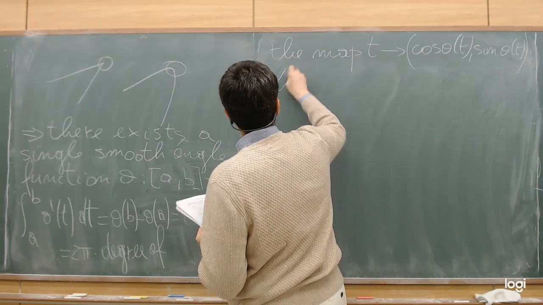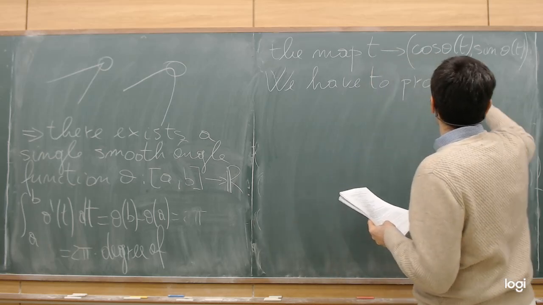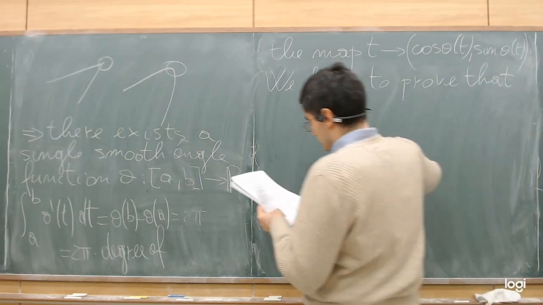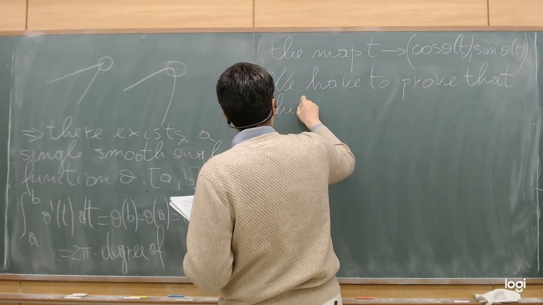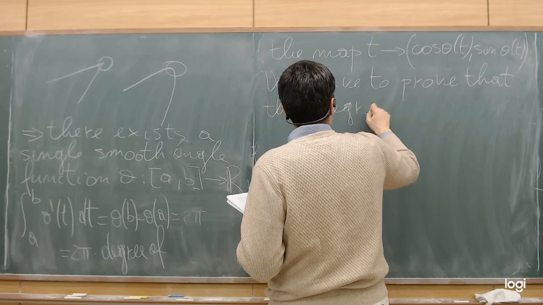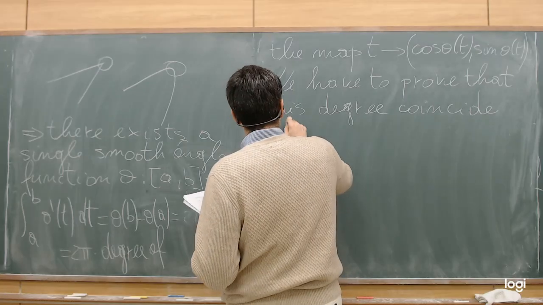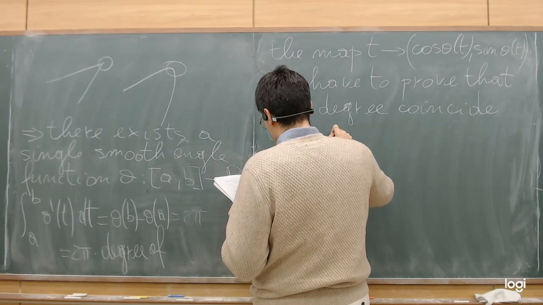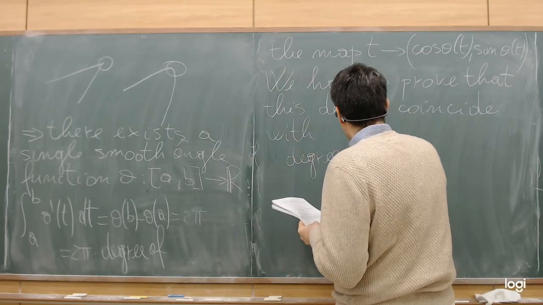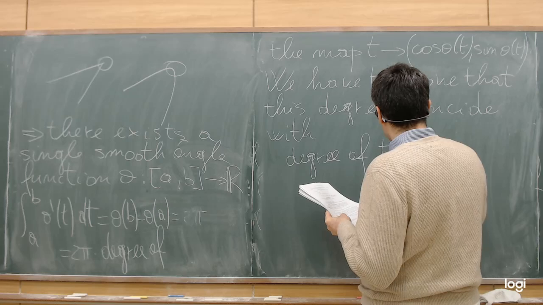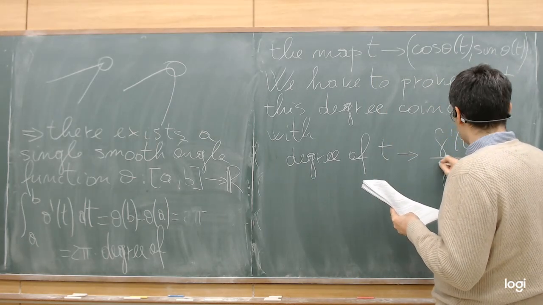So we have to prove that this degree coincides with the degree of t sent to gamma tilde prime t over gamma tilde prime t.